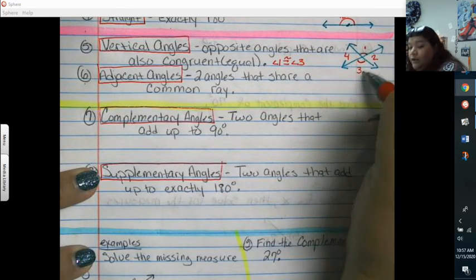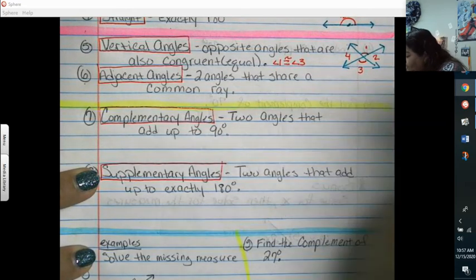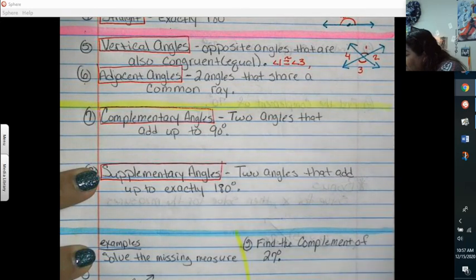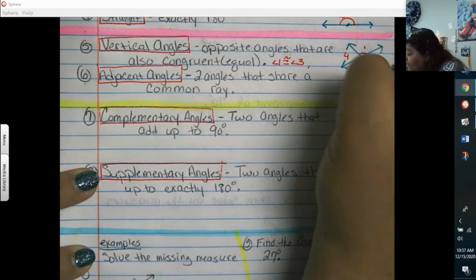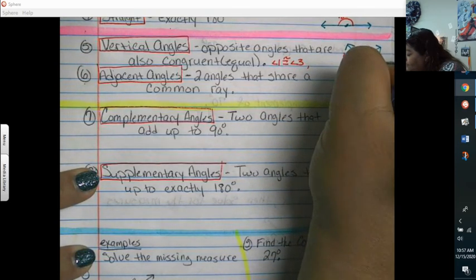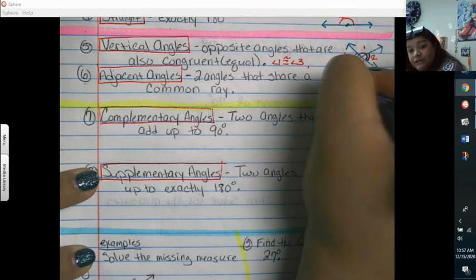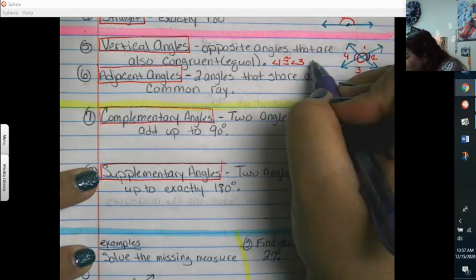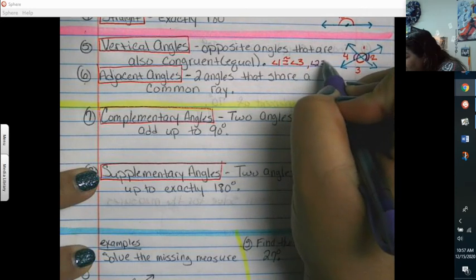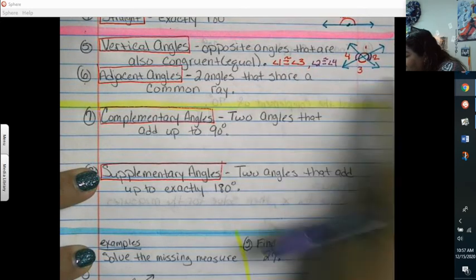So those two are congruent. Also, I need a different color, purple. Angle 2, I'm going to put 2 lines here, is congruent to angle 4. They're opposite of each other.